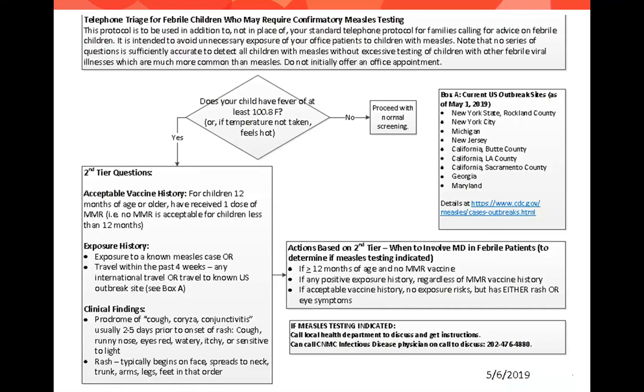Certainly, if you know the child is coming, you can meet them outside with a mask, and even potentially do the testing that you need to do outside of the office, in the parking lot, or just outside the building. Those are all actions to help mitigate the potential spread of measles if that child does indeed have measles.